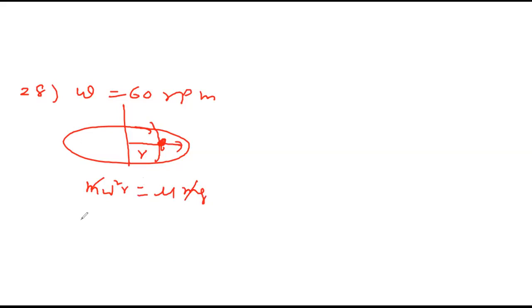We want the distance where it should be placed, so R we want. R is mu g upon omega square. Omega is 60 into 2 pi by 60, that is 2 pi.